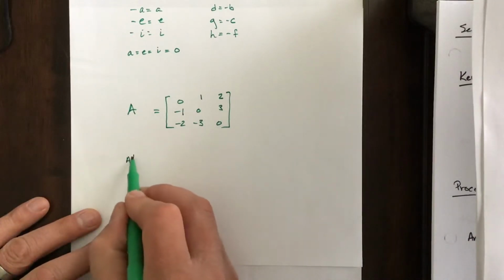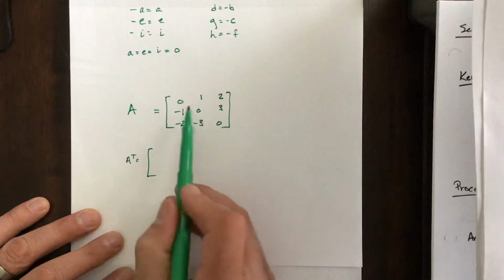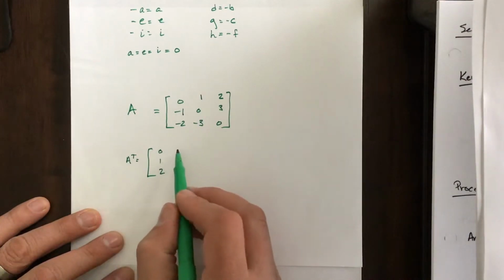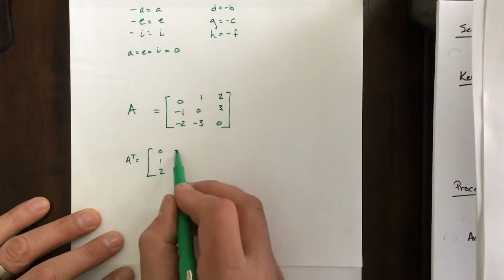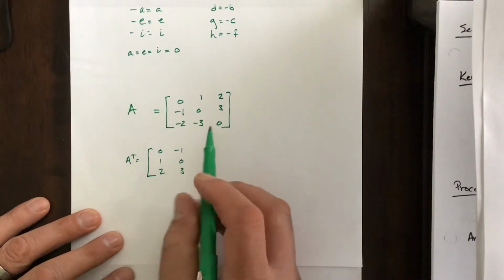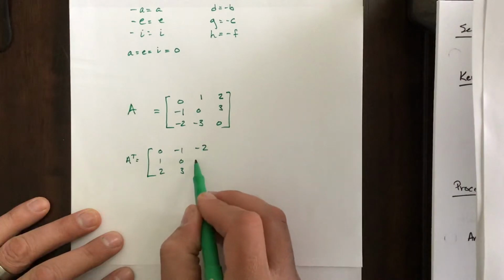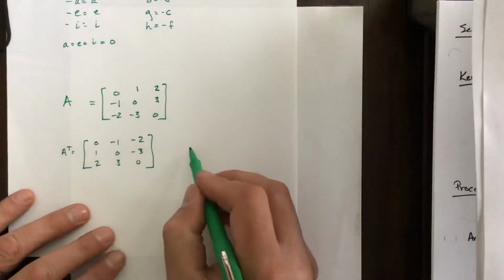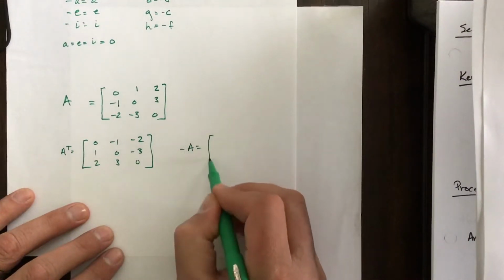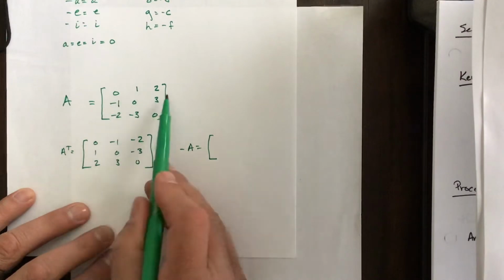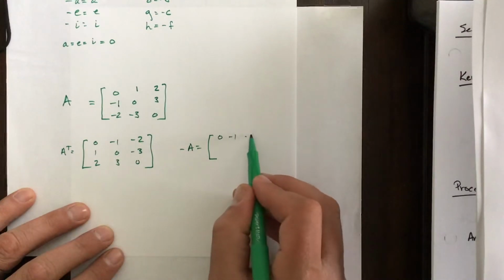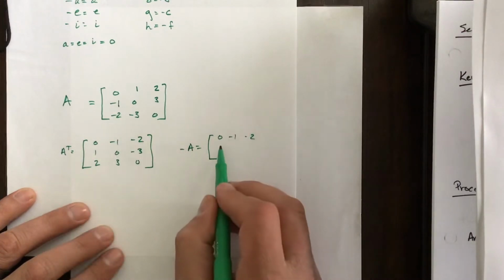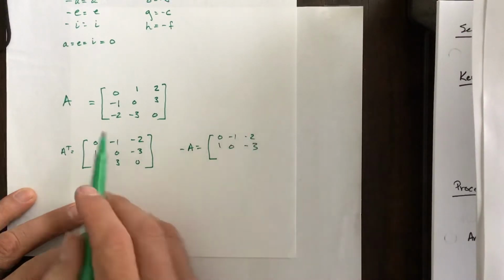Because if I look at A transpose, make all these rows columns, 0, 1, 2, negative 1, 0, 3, negative 2, negative 3, 0. And you look at the negative of A, that means 0, negative 1, negative 2, 1, 0, negative 3, and 2, 3, 0.